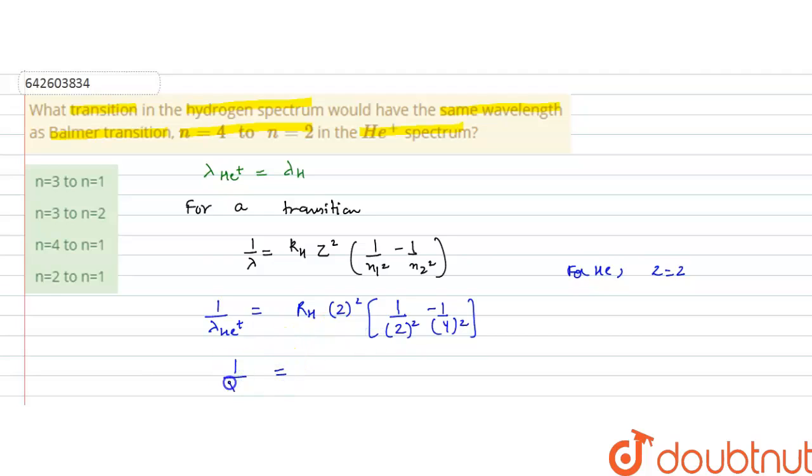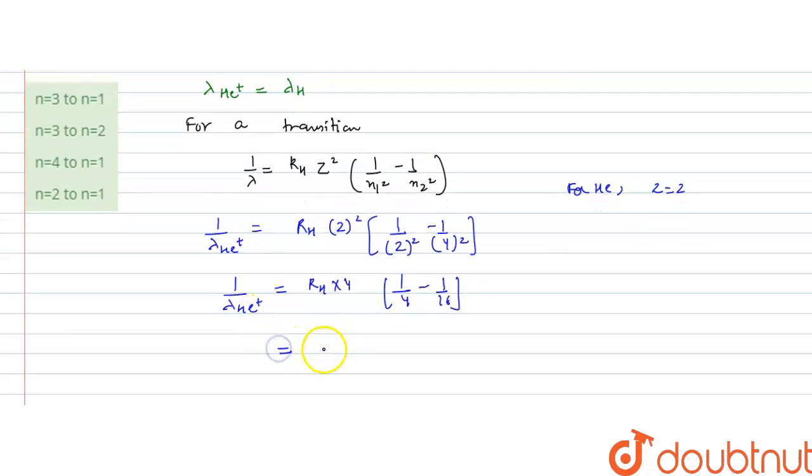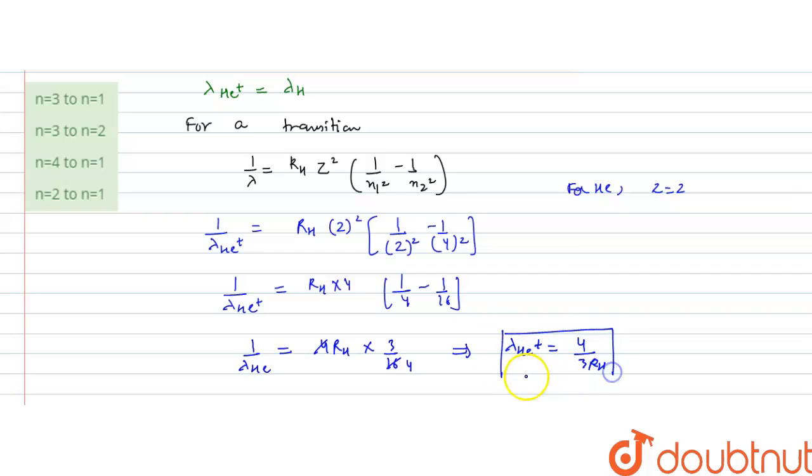So this will give us 1 upon lambda helium plus equals RH into 4 into (1 upon 4 minus 1 upon 16). So this will give us 4 RH into 3 by 16, and 4 is cancelled by 16, that is 4. So we have 1 upon lambda of helium plus as 4 by 3 RH. This is the lambda of helium plus.